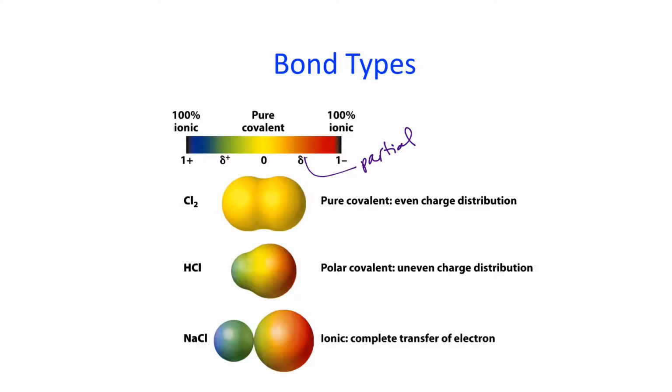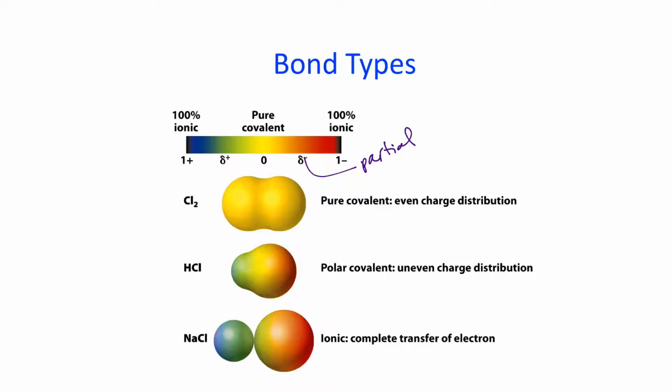So for Cl2, there's no uneven charge distribution. Each atom has an equal share over those electrons, so we don't really label a partial positive or partial negative here because there isn't one. But when we go down to our polar covalent example for HCl, we see that the chlorine has a much larger pull over the electrons than the hydrogen.